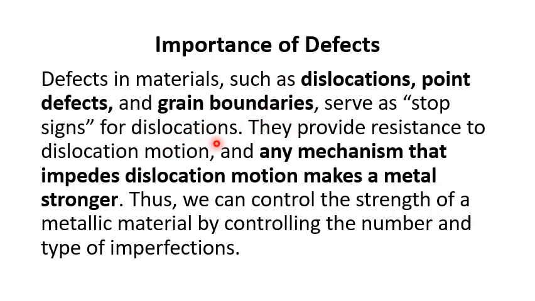Thus, anything that impedes or prevents dislocation motion makes the metal stronger. Based on this concept, we can control the mechanical properties of metals and alloys by playing with these defects, the amount of them, and the shape of them. In the coming slides, we will get more ideas about these effects.